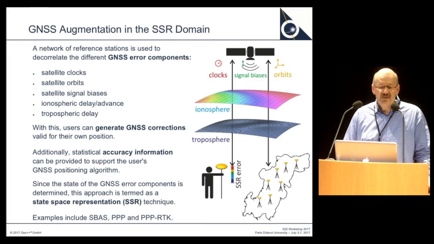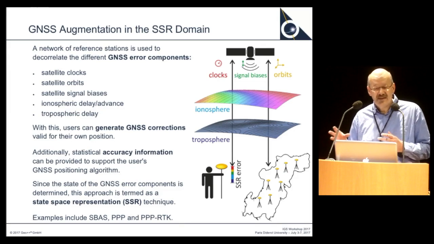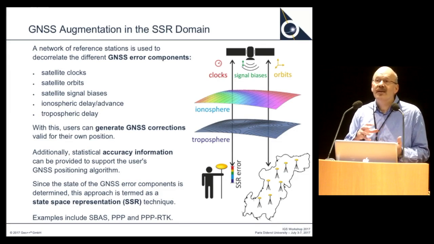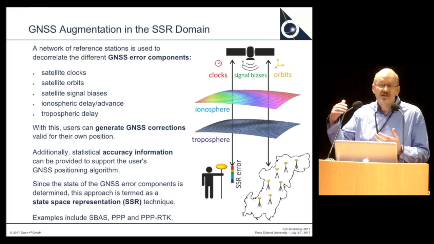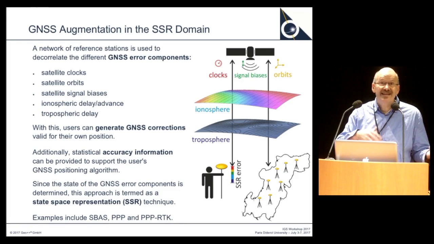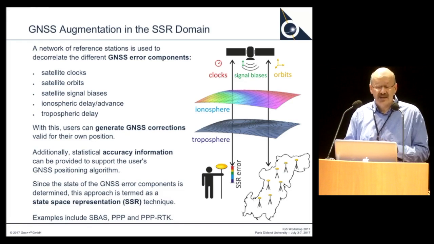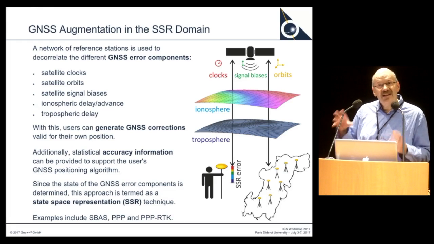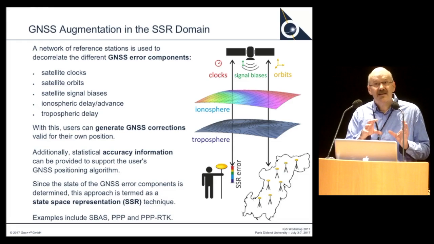On the other hand, we have GNSS augmentation in the SSR domain. Here we try to decorrelate every error component and estimate every error component separately. So we want to distinguish or separate satellite clocks, satellite orbits, satellite signal biases, ionosphere delay, and tropospheric delay. And the user then can, with these individual corrections, compute for his own position the correction for his observations, which gives him a better positioning capability.